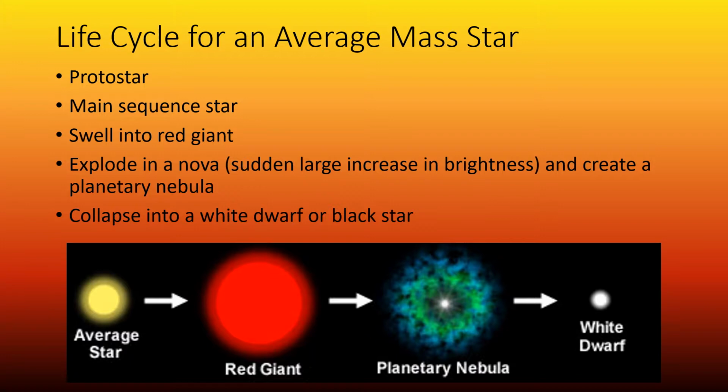As it starts running out of hydrogen and can no longer fuse a lot of helium atoms, it's going to start to swell into a red giant star. After some time as a red giant, it's going to explode in a nova, which is a sudden large increase in brightness, and create a planetary nebula. Now, a planetary nebula is a cloud of planets. So the sun will disappear and collapse into a white dwarf or a black star and leaves the planets rotating around it.